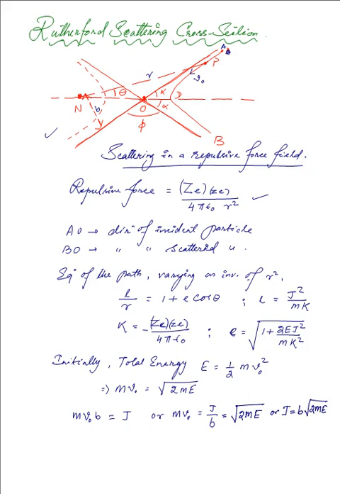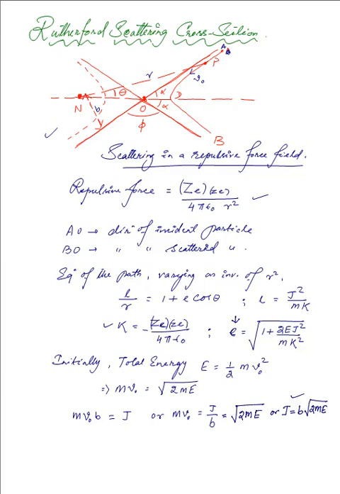Now all of that in place, we substitute all those values, the value of J over here and the value of k over here, into the expression for eccentricity. And let's check for the case where we are getting the hyperbolic path. Now, in case you don't remember those values, you can write them down.